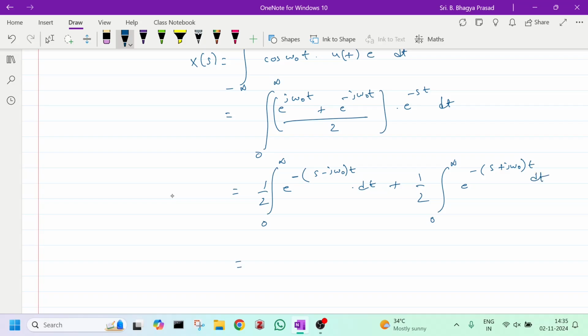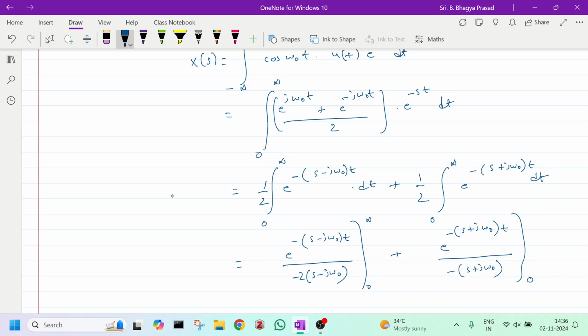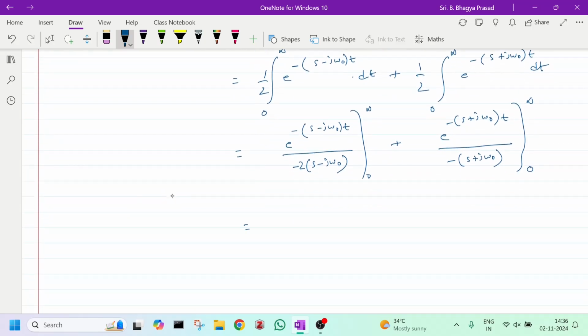If you solve these expressions, like e power minus s minus j omega naught t by minus s minus j omega naught, from 0 to infinity, plus e power minus s plus j omega naught t by minus s plus j omega naught, from 0 to infinity, and substitute these limits, you will get x of s as s by s square plus omega naught square, and the ROC is real part greater than 0.